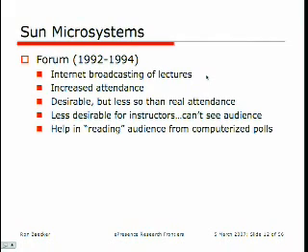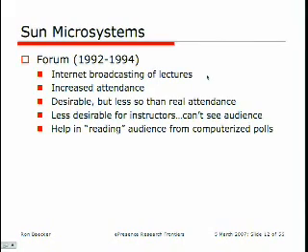It was over their internal Ethernet, but they delivered lectures around Sun Labs and basically came up with the conclusion that, yes, this was a great thing for people who couldn't make the event, but instructors didn't really like it as much as looking face-to-face at much of their audience, although they started experimenting in the Forum system with computerized polls, so you could at least say, how many of you agree with this, don't agree, et cetera.